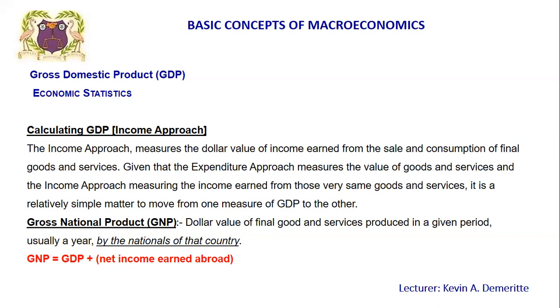Right? So when we're looking at our table of statistics, we're looking to find in that table something that says this is the money earned by Bahamians living outside of the Bahamas, net income earned abroad. All right. So now we have a figure for what we call GNP, earnings by nationals.